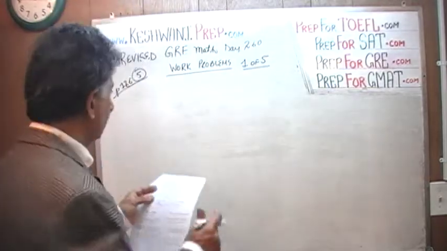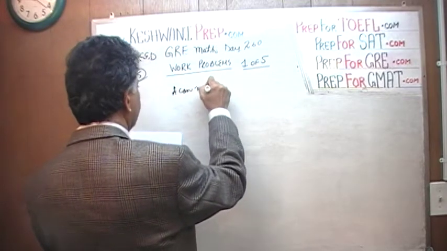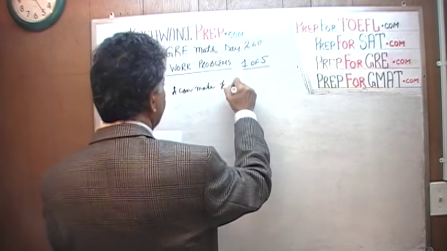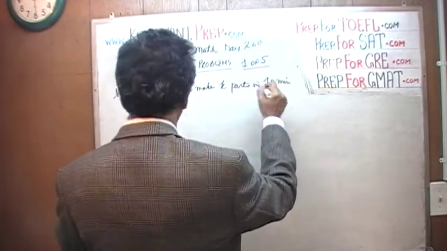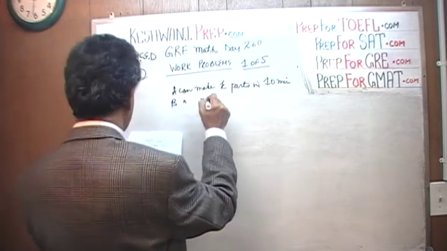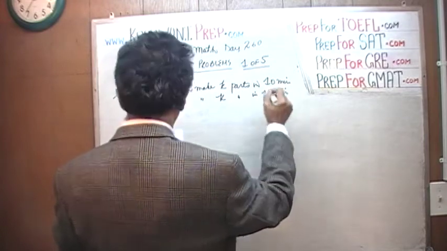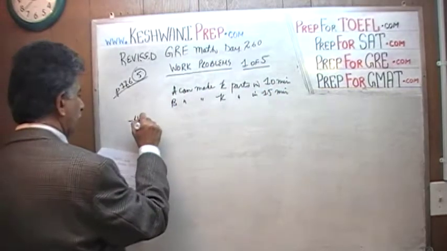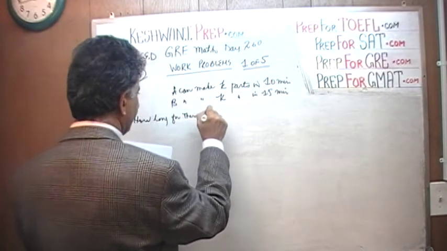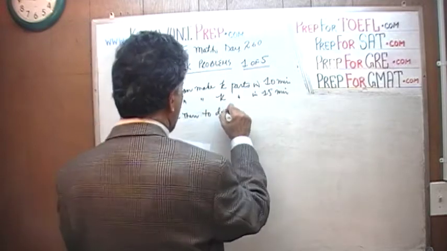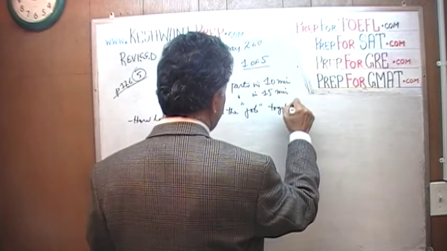Here we go. Here's what we're told. We are told that A can make K parts in 10 minutes. We are also told that B can make K parts in 15 minutes. The question simply is, how long will it take them to do the job together?